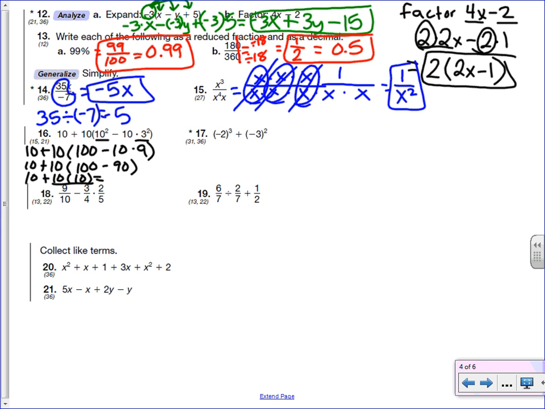And then I can do this multiplication. And 10 plus 100 is 110.